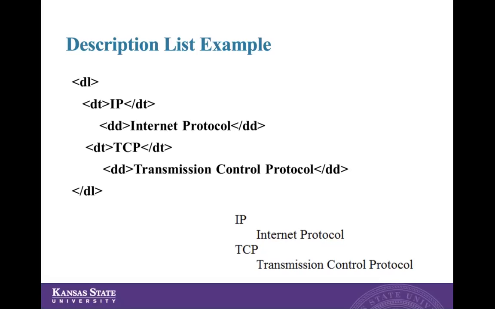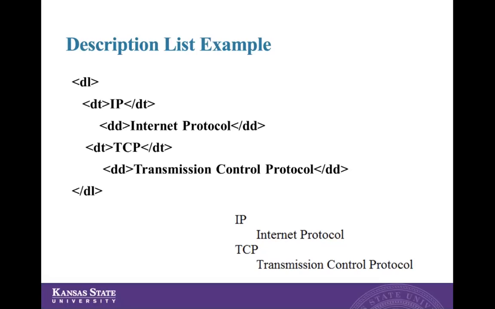And then for our first one, we could call it our first subject, we're going to do IP. Okay, so we want that. How I usually think of it is DT as our description title, so like the title of each one.